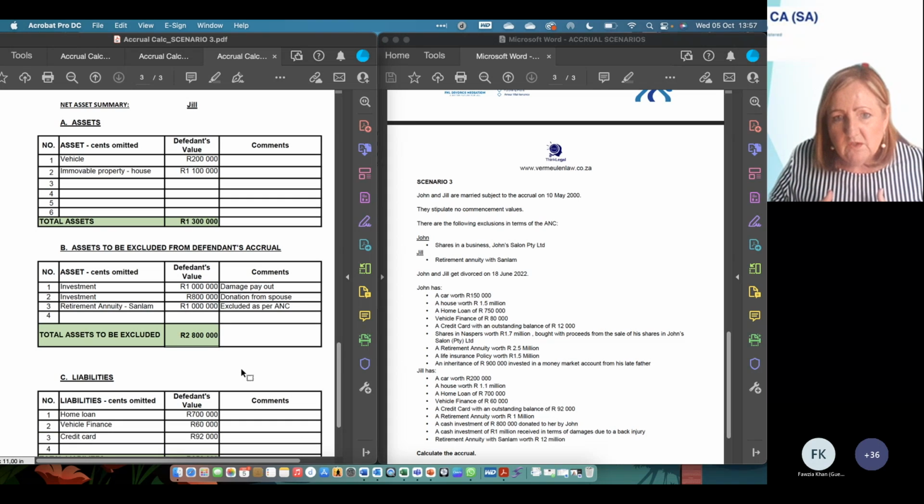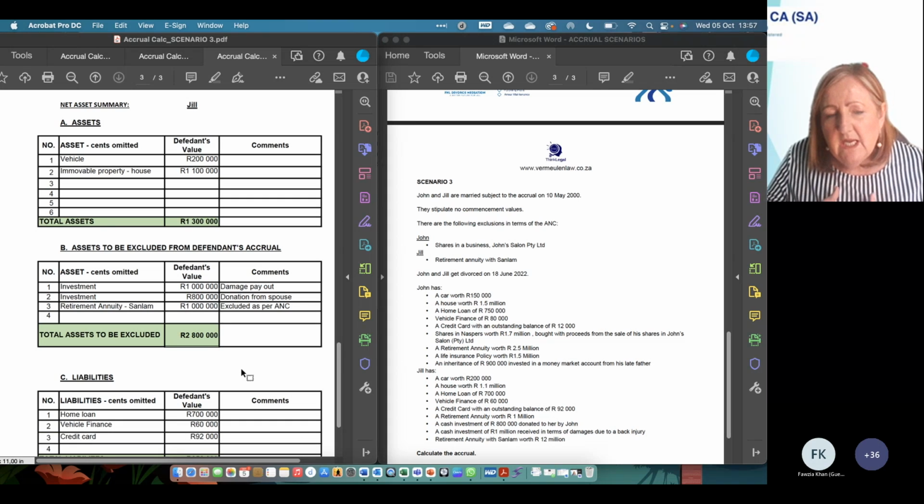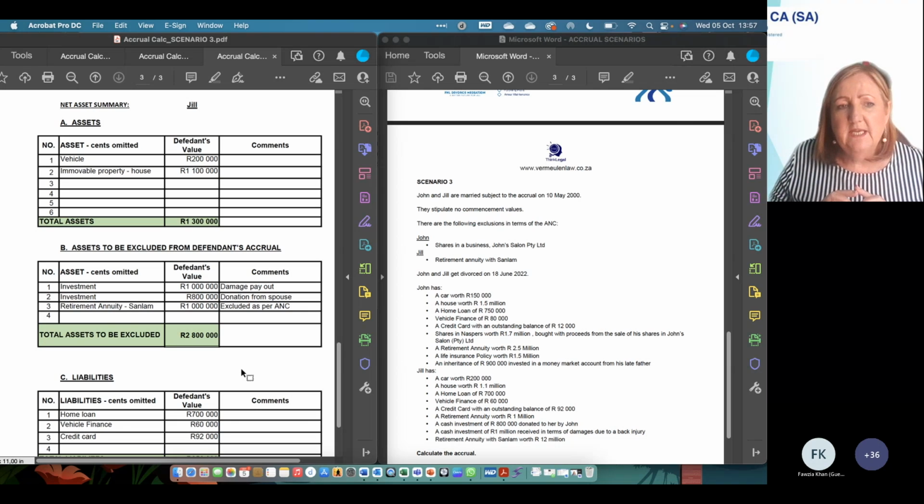But now, because of the same principle, her retirement annuity with Sanlam was excluded as per the ANC, and hence we're moving it from the asset section to the section assets to be excluded.